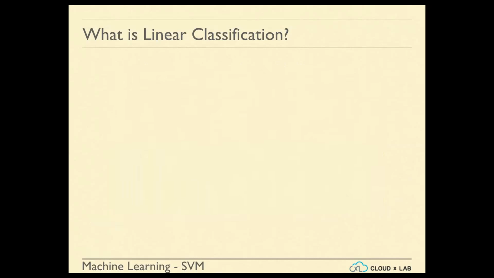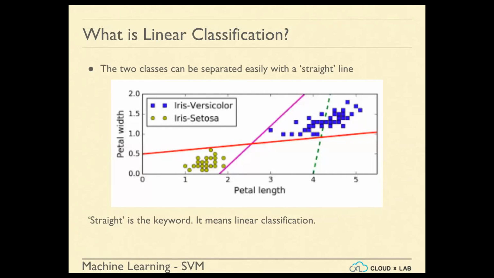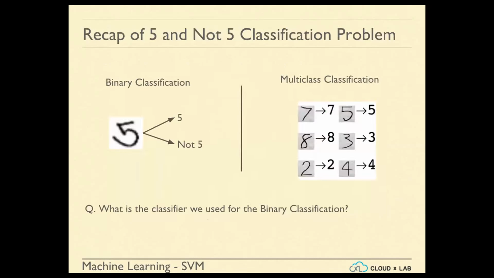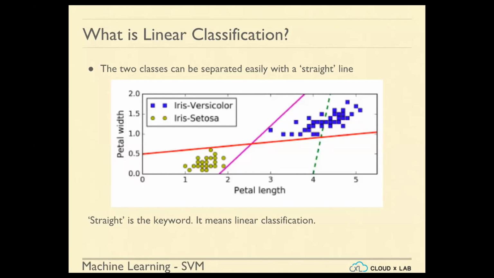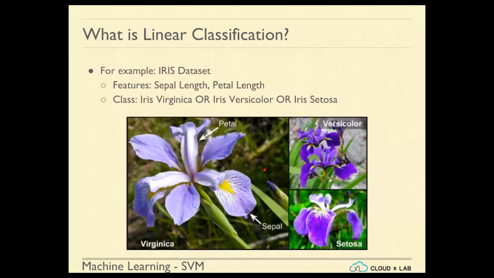So first we started with understanding what classification is. We talked about separating the instances with a line, and we realized that the line separating them, either this one or this one or this one, none of them were perfect, right?